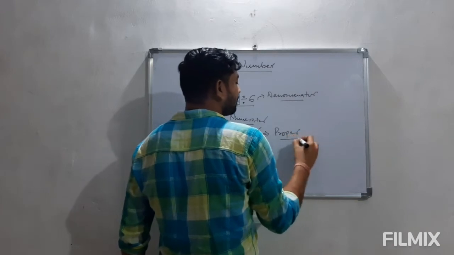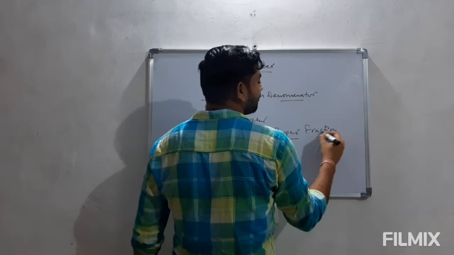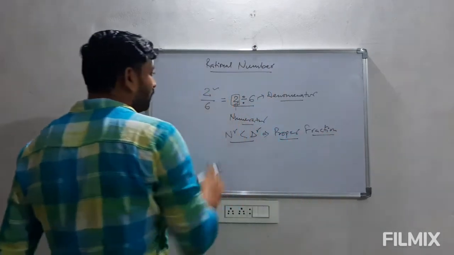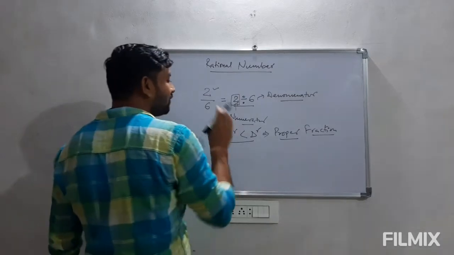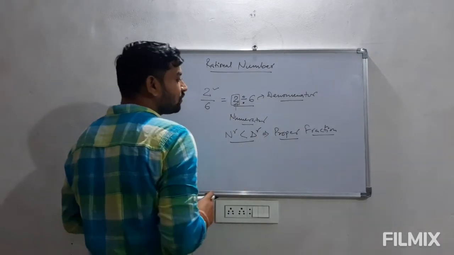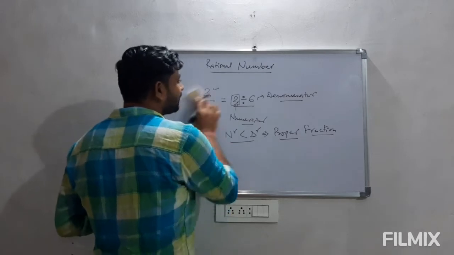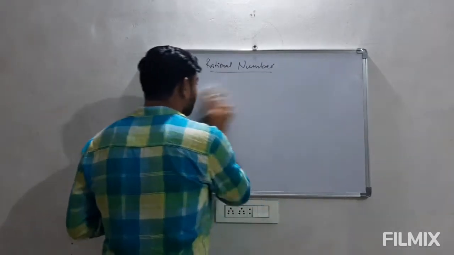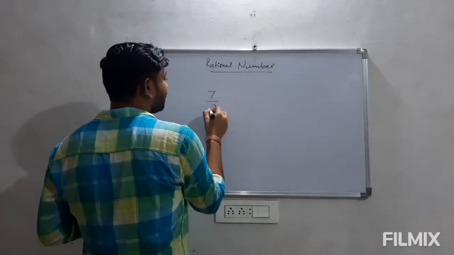In a proper fraction, we cannot divide it without a decimal. It means that if it is proper, there is no need to reduce it further by dividing the numerator by the denominator. So this is called a proper fraction. Now if we take another example, suppose we say 7 upon 3.